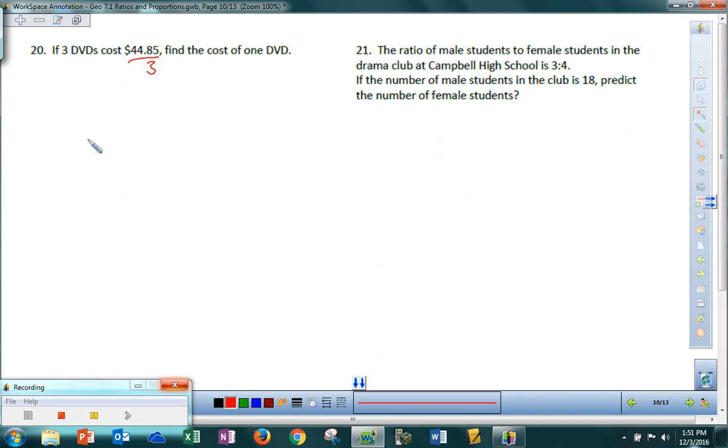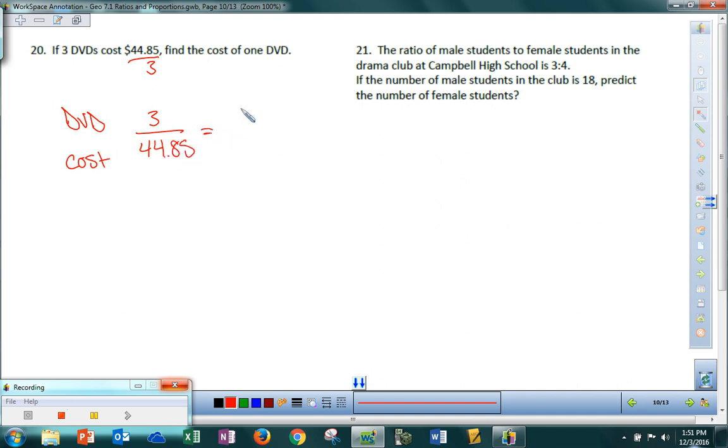Okay, but I'm going to show you where that comes from in terms of cross-multiplying to solve proportions here. Okay, so we're comparing DVDs and cost. So DVDs, we had 3, and that was $44.85.